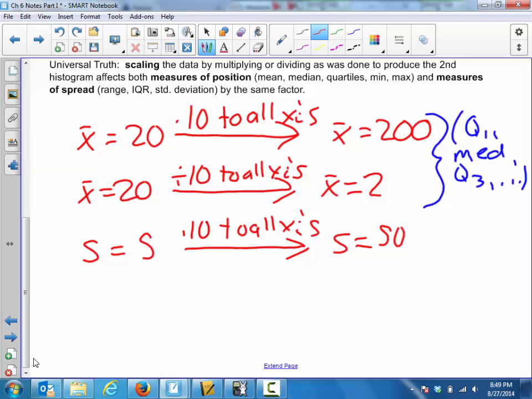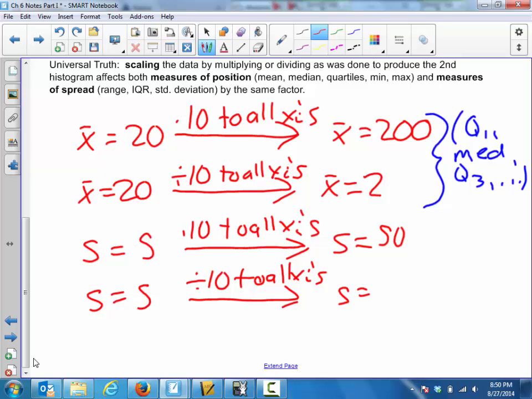Alright, so s equal to 5, multiply everything by 10, you get a sample standard deviation of 50. If you had a sample standard deviation of 5 and you were to divide all x sub i's by 10, then your sample standard deviation would be equal to 0.5.